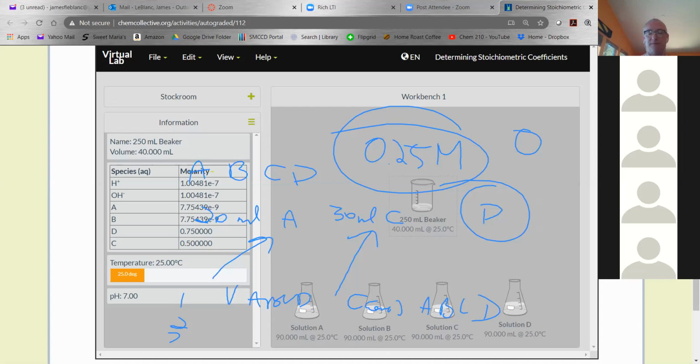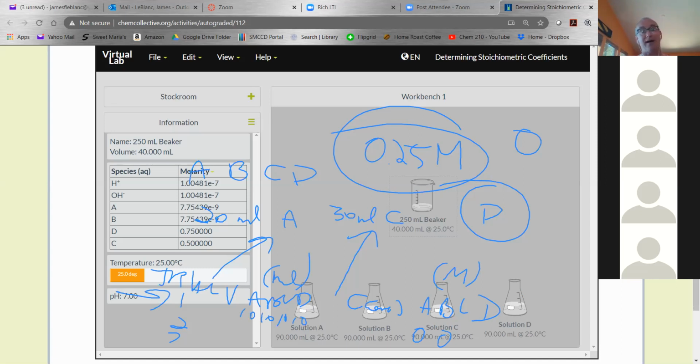So in my table, I would have trial number 1 and volume. So I would say 10, 10, 10, 10. And of course, remember mils, and then this would be molarity. So for my A and B, I just have 0 and 0, and then give whatever C and D is.